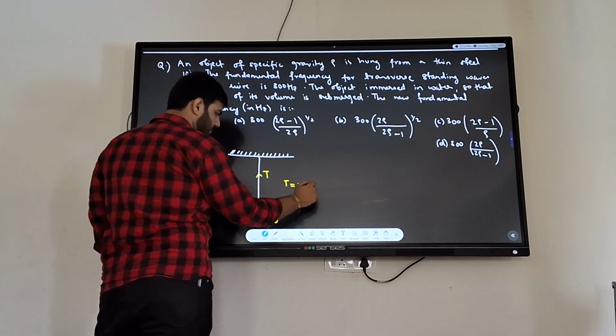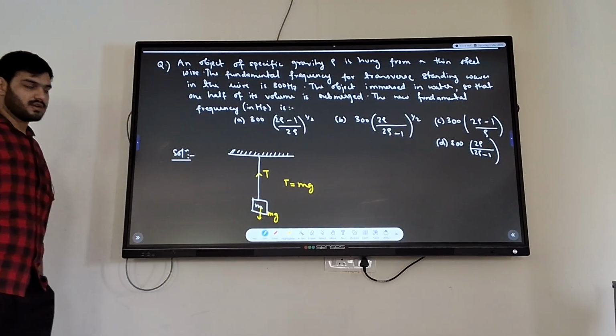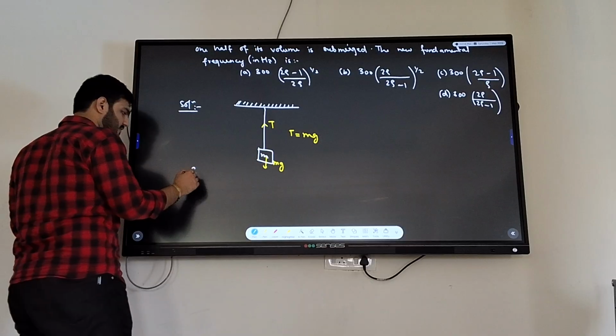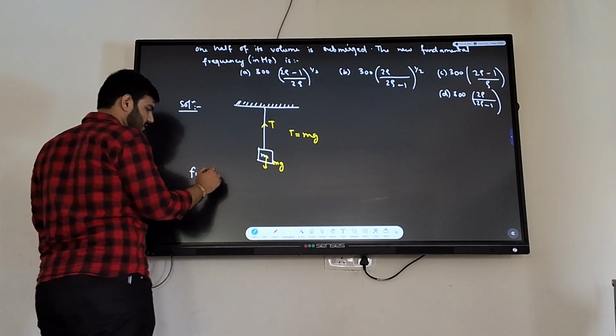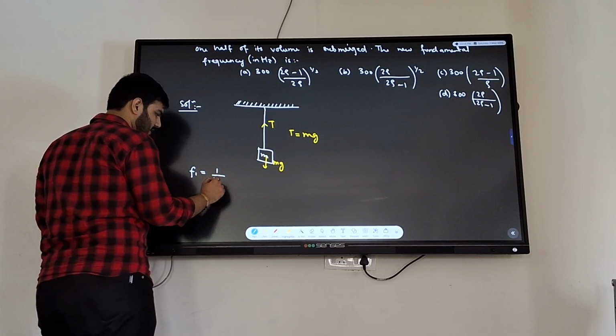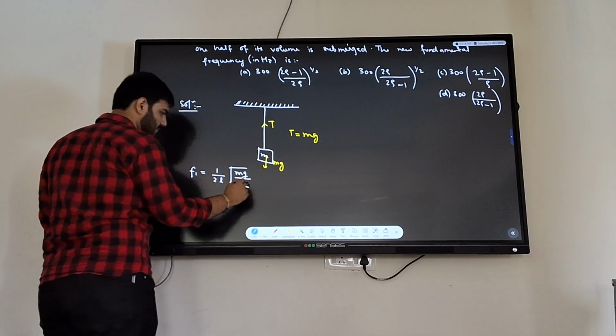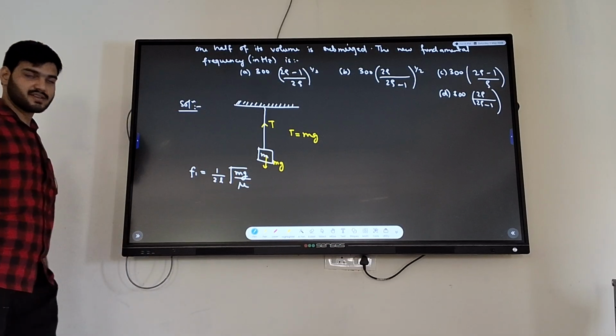That will be mg by Newton's second law. And then you will get F1, the fundamental frequency, as 1 by 2L under root mg by mu. Let's leave it at this.